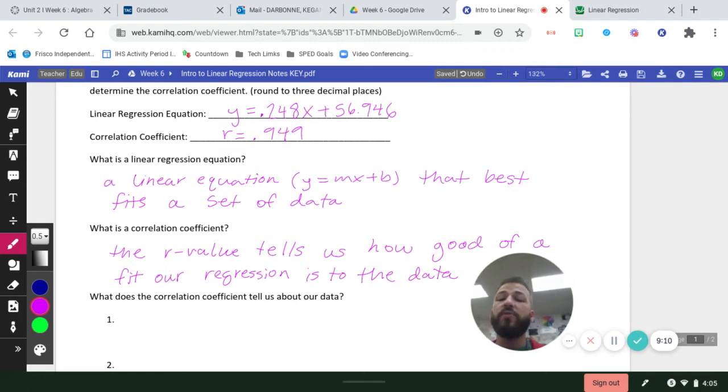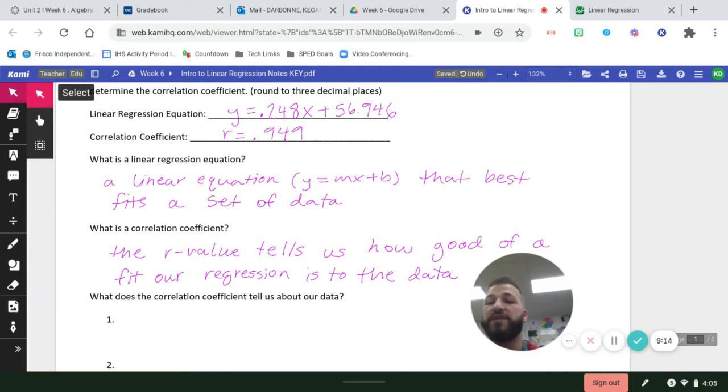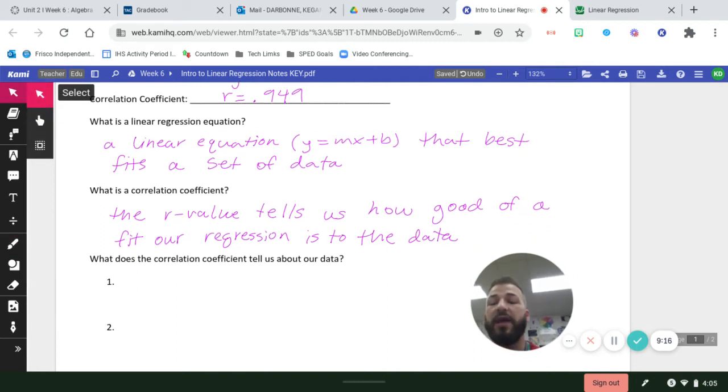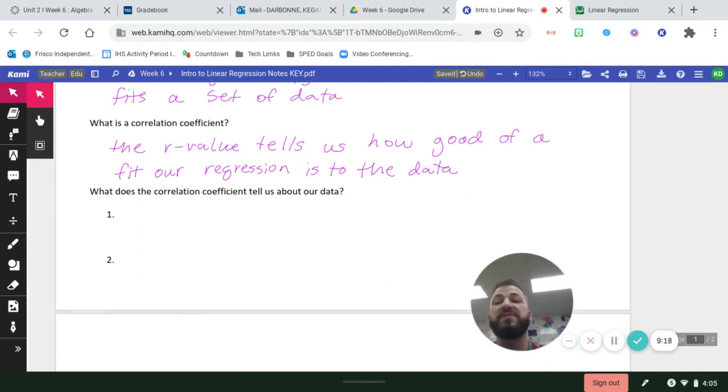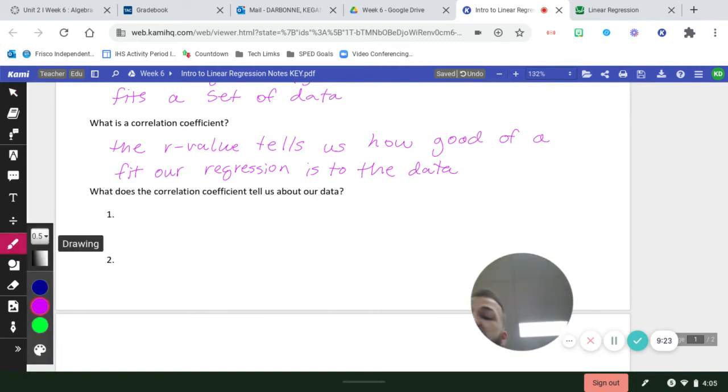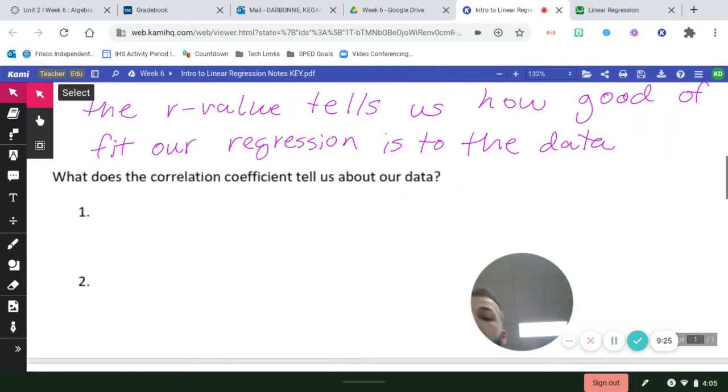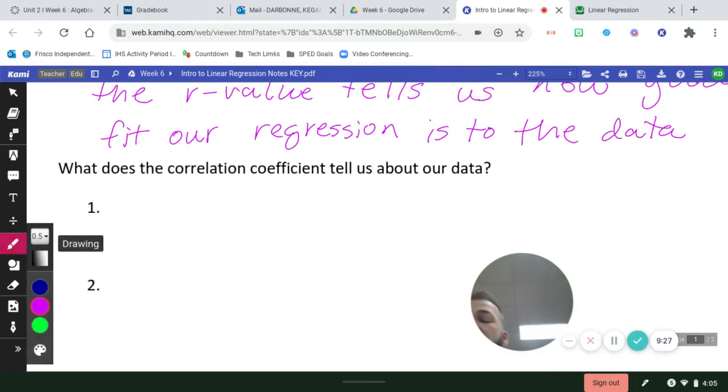Okay, so let's get a little more specific. That is just what R is in general, but what does the correlation coefficient specifically tell us about our data? If R is positive, then we have increasing data values.